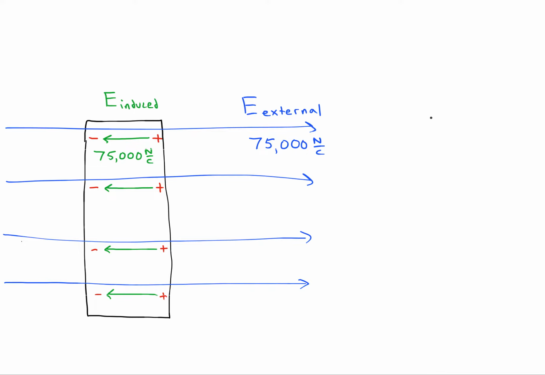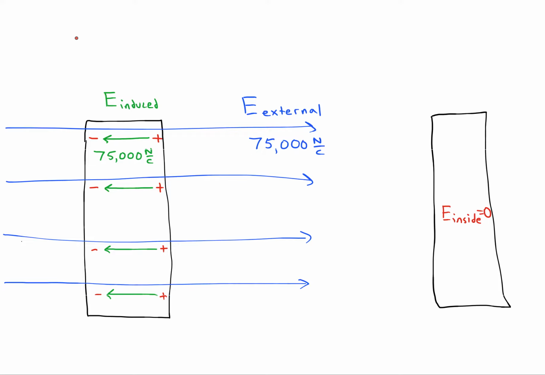The net result of this, though, is that the electric field inside is 0. And the electric field outside stays 75,000 newtons per coulomb.